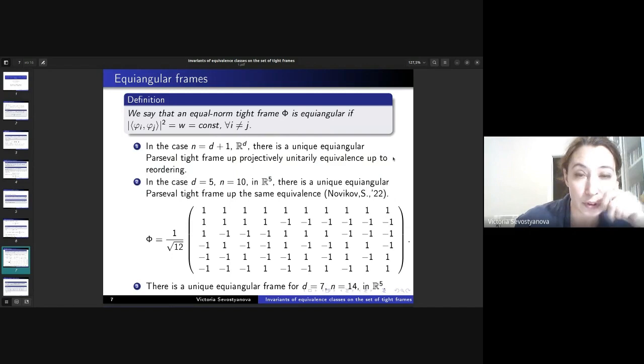Other interesting examples of frames are equiangular frames. If the frame is equal norm and the scalar products have the same norms in the frame, we speak of equiangular frames.